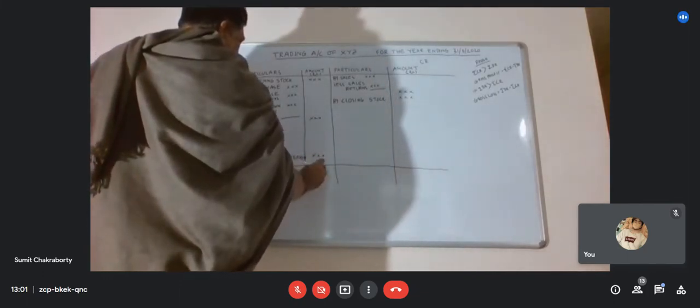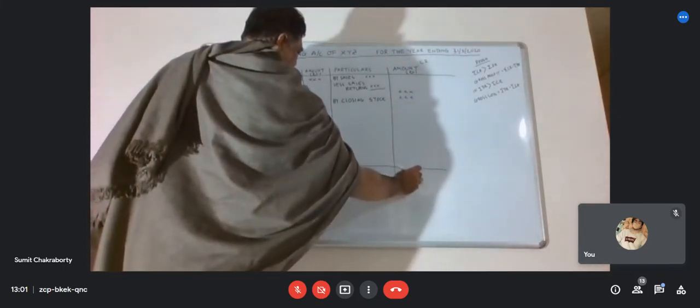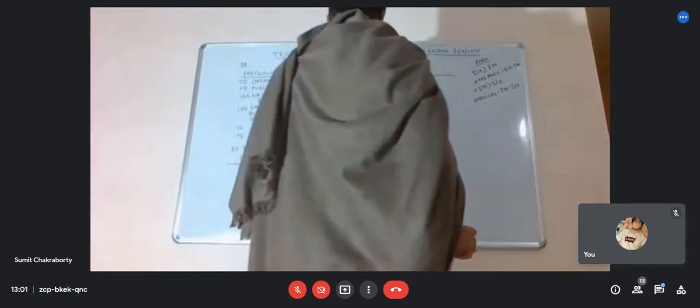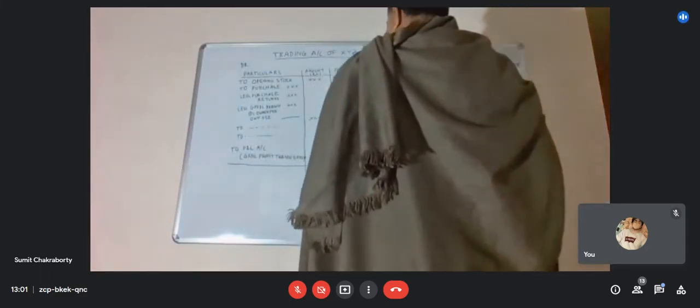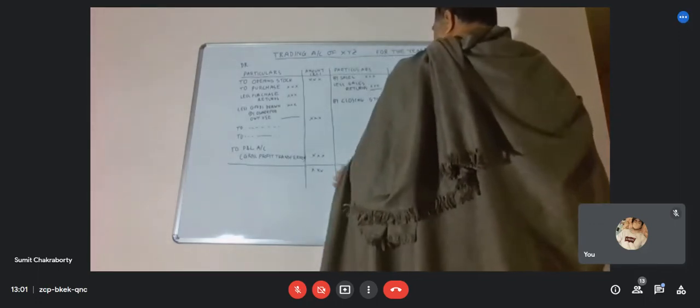Now we are totaling. If there is no gross profit, then by P&L account, gross loss transferred, and then we should total it.